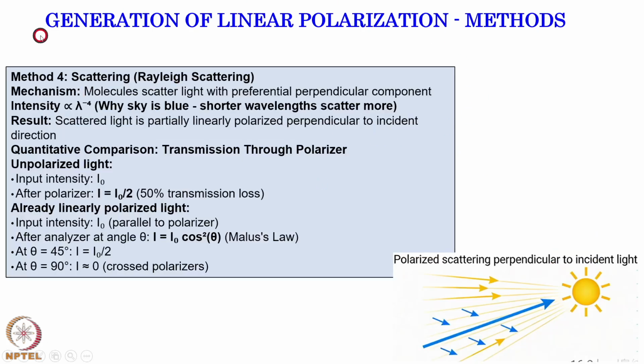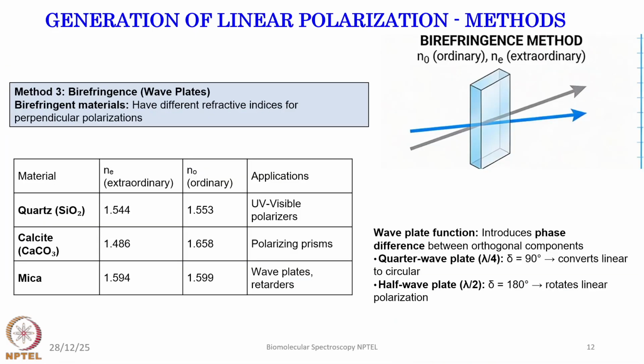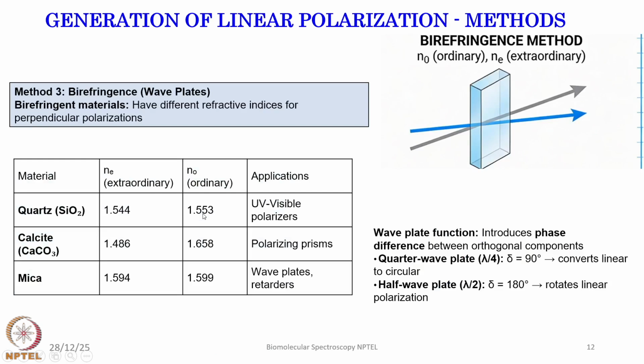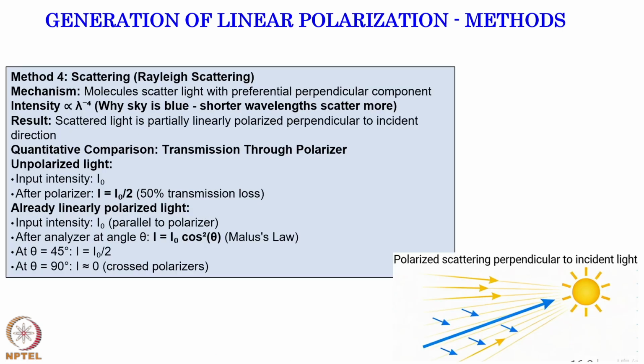Now, that is a generalization of linearly polarized light. The fourth one is again a polarization method. We talked about, if you remember, first absorption, second reflection, third birefringence, and fourth scattering. In scattering, polarized scattering typically happens perpendicular to the incident light, and it follows that lambda by 4 rule, and that is why the sky is blue, right.